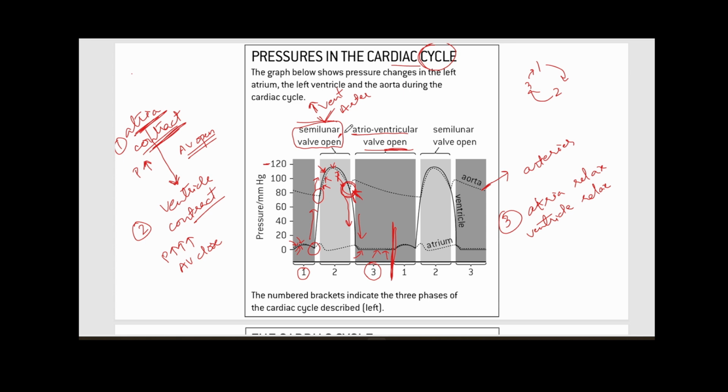But as soon as the pressure in the connecting artery rises, the semilunars will close. Same thing for atrioventricular. When the pressure in the atria is more, they are open. When the pressure in the ventricle rises, the atrioventriculars will close.